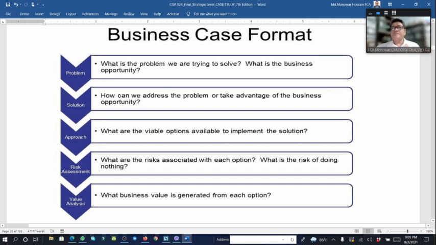So business case format means they are given a problem, and we have to find a solution in different ways. Based on your thinking, your internal thinking, your calculation, your result, a case study result can be different. You and another one, Mr. X and Mr. Y, cannot be the same.